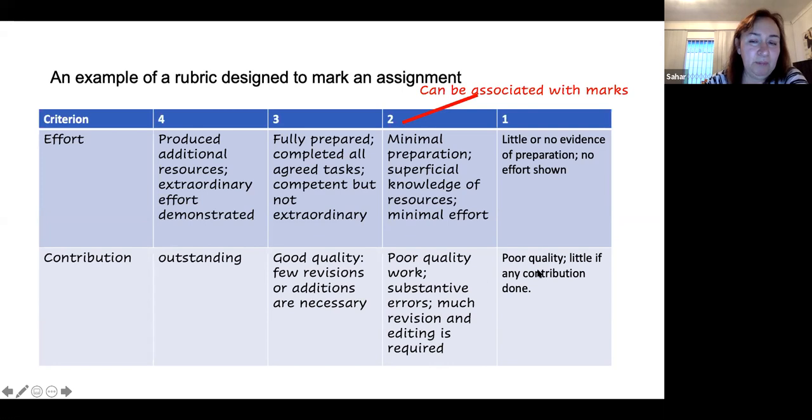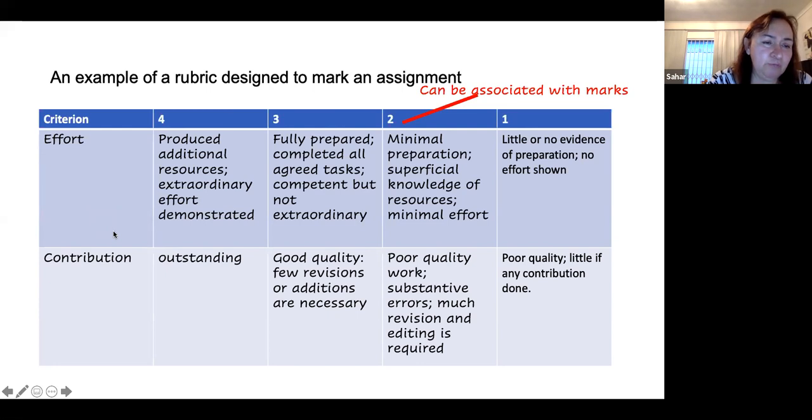And not much contribution has been made to the work. That would be poor quality. This is something that is done, and you can change these criteria. Usually the rubric is designed that way. So the level of achievement can be either numbers or associated with marks. The criteria here can be changed.